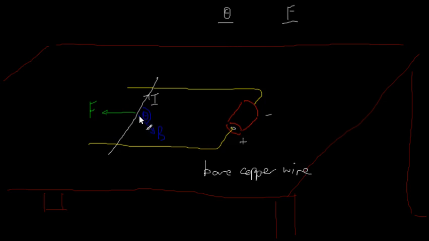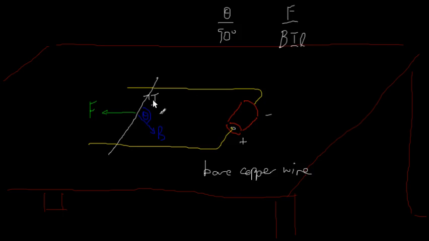One case was when the magnetic field is vertical, that was what I talked about at the beginning. The field is perpendicular to the current, so the angle is 90 degrees. And we have seen earlier on that the force then is given by this formula, BIL.